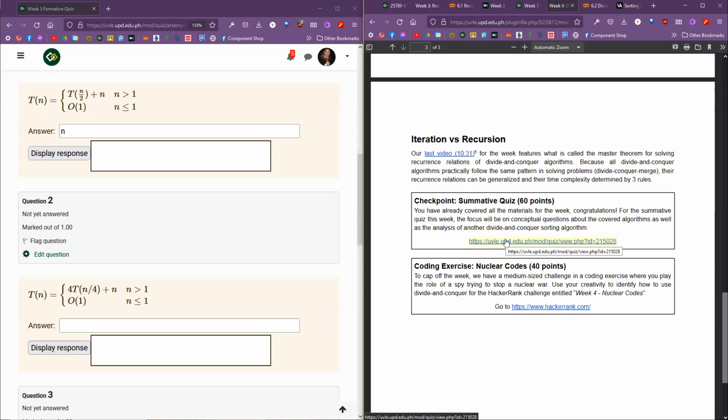Yung sagot sa essay part, hindi na check agad unless kailangan or gusto nyo i-request na i-check namin agad yung sagot nyo doon sa essay part ng ating quiz. Kasi, if you recall, yung aming mga activities ay nakasplit into isang easy 40 points, medium 40 points, tsaka hard na 20 points. So yung hard na 20 points, nakapasok siya sa summative quiz.